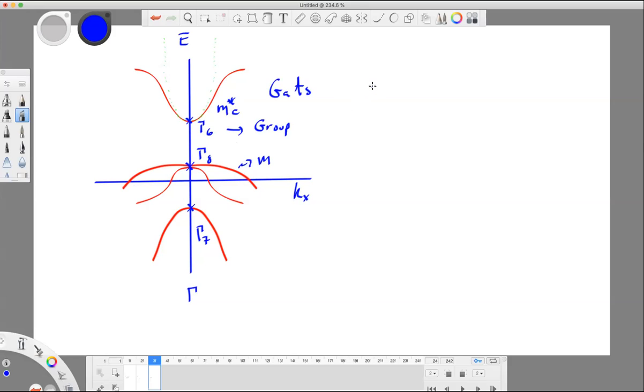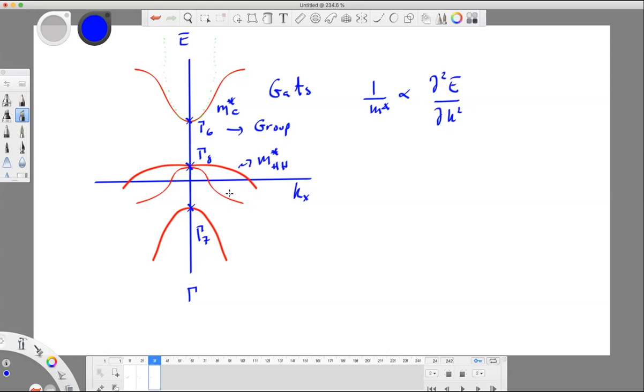Remember that the inverse of the effective mass is proportional to the second derivative of the energy with respect to k. So when you have a low curvature, you have a high mass, and when you have a high curvature, you have a low mass. So this is going to be a heavy hole effective mass.